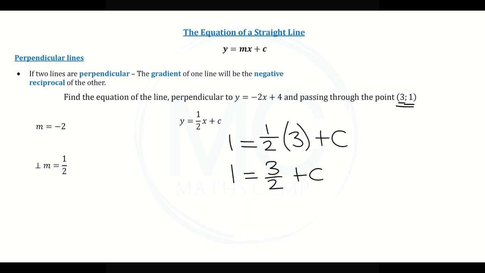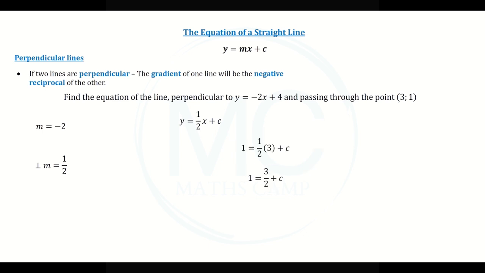Now we have 1 is equal to 1 over 2 multiplied by 3, which is 3 over 2, plus c. Now we need to move 3 over 2 to the left-hand side of the equation. So let's change 1 into a fraction over 2, and we say 2 over 2. Then we can move 3 over 2, so we get 2 over 2 minus 3 over 2 is equal to c. 2 minus 3 gives us negative 1, and we get negative 1 over 2, which is equal to c.